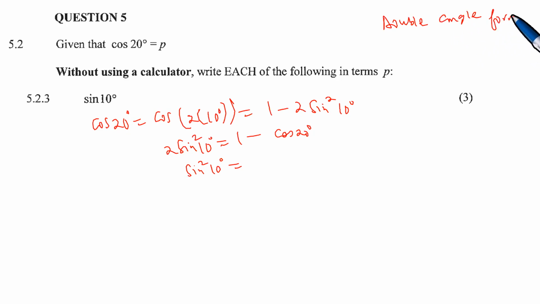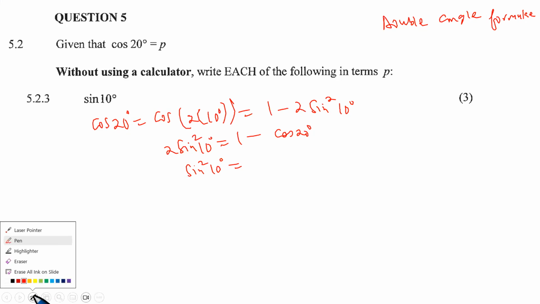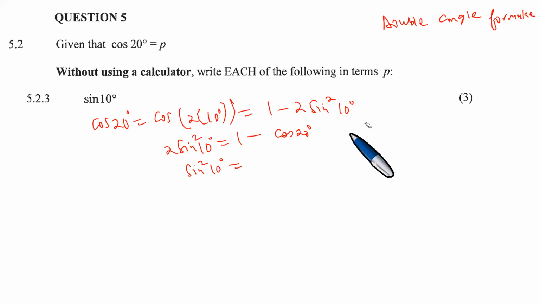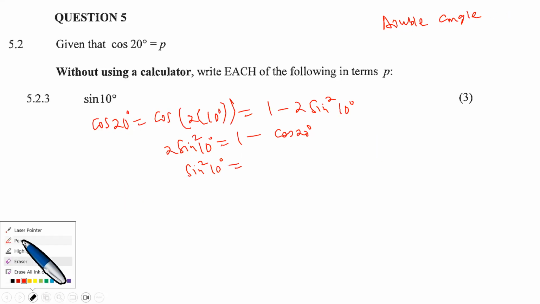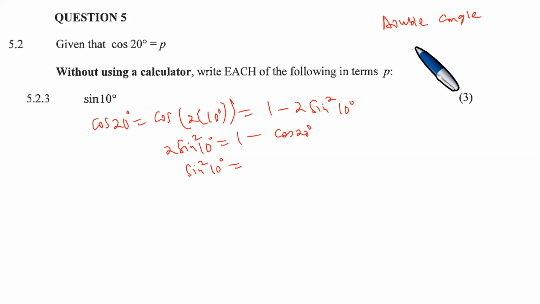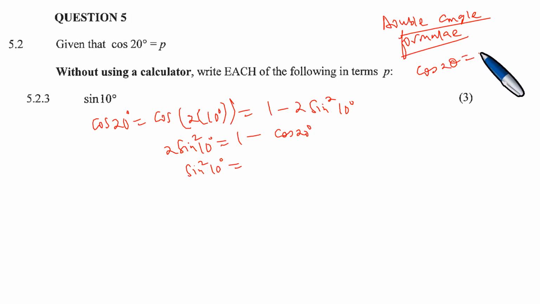So cosine 2 theta is the same as 2 cosine squared theta minus 1.